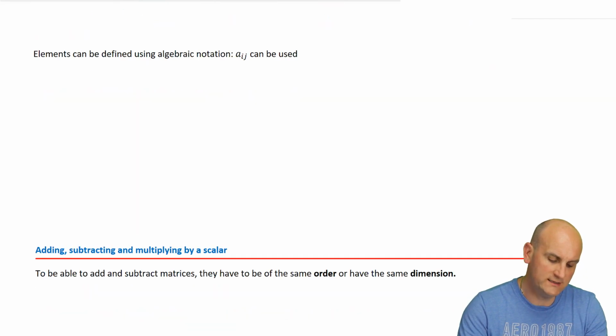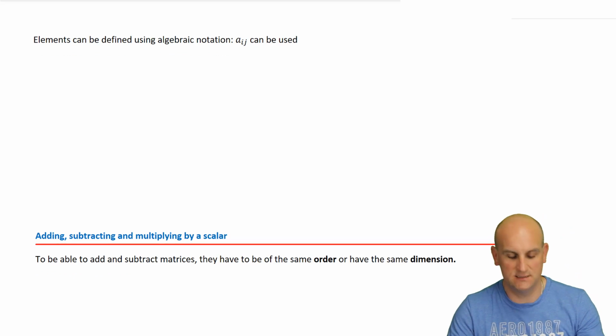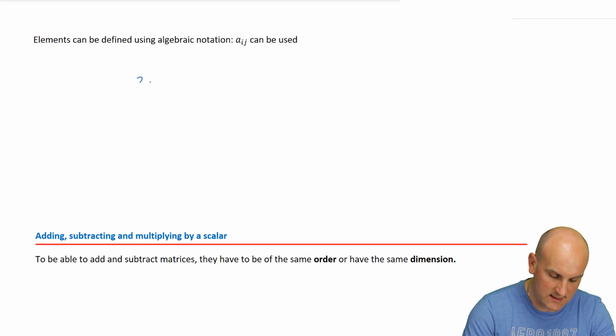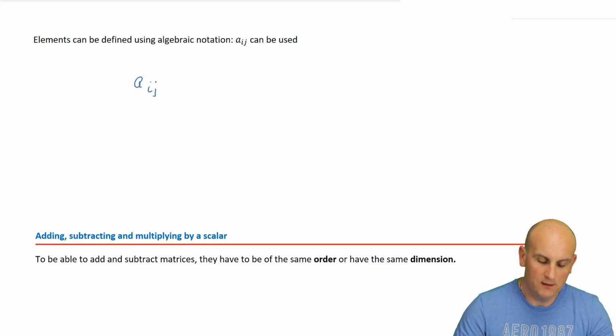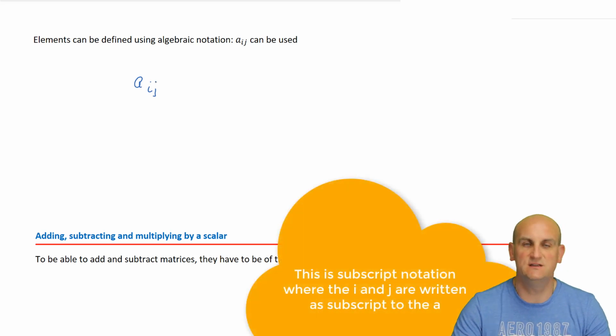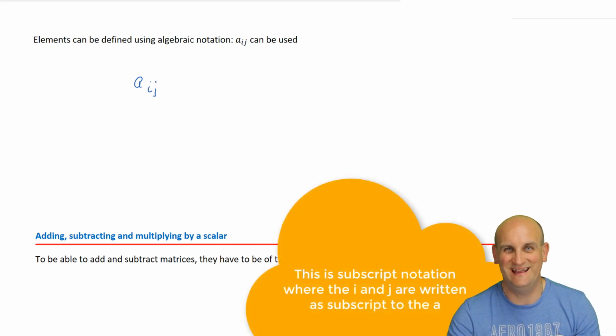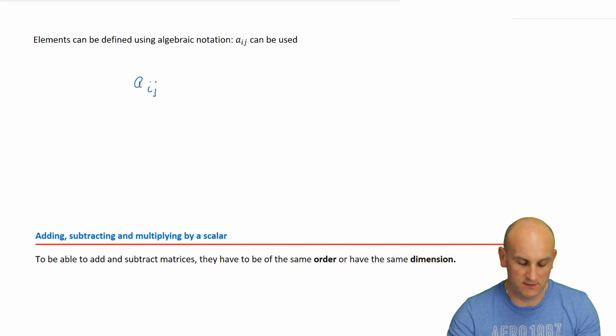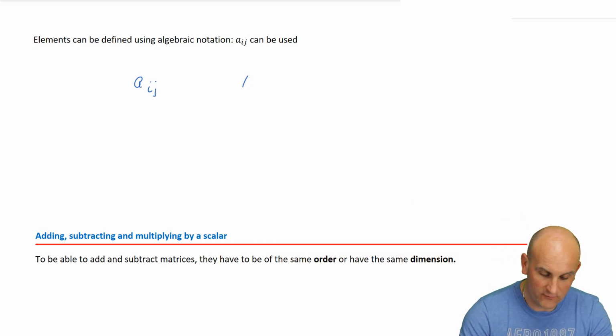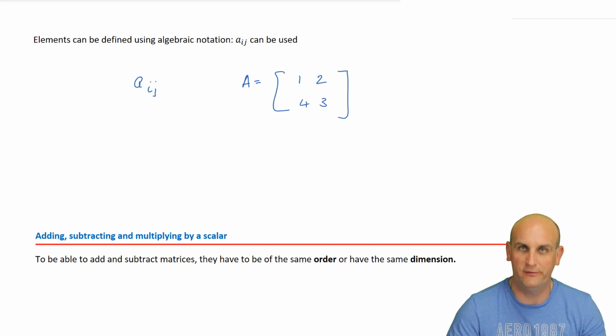Now, one of the things that tends to throw people is this notation here of A, i, j. What that's referencing is a specific element or entry in a matrix, in this situation probably labeled A. So if I had A, let's go to my standard 1, 2, let's mix things up and put 4 and 3. Oof, pushing the boat out there.